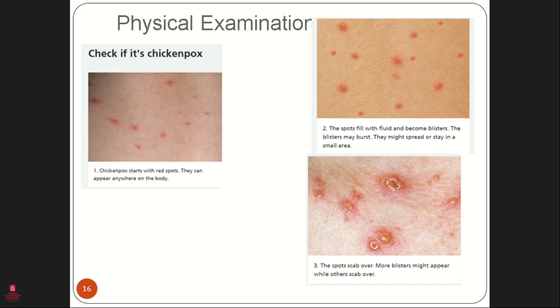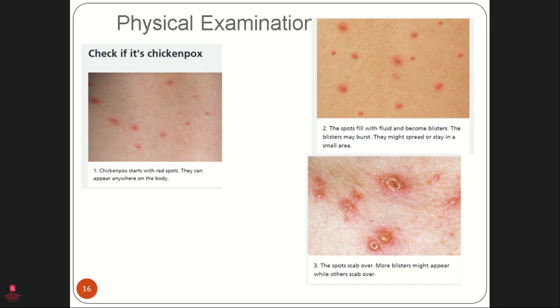Vesicles may occur on mucous membranes and break down to form shallow ulcers. Vesicles can be hemorrhagic. Redness or swelling around a lesion should lead to suspicion of bacterial superinfection.